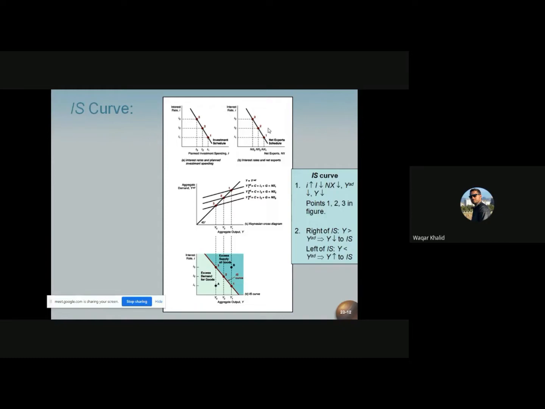Some deposits are in US dollars, and some are in other currencies, for example, euro, sterling. If the interest rate rises in the United States, US dollar bank deposits become more attractive relative to other foreign currencies.